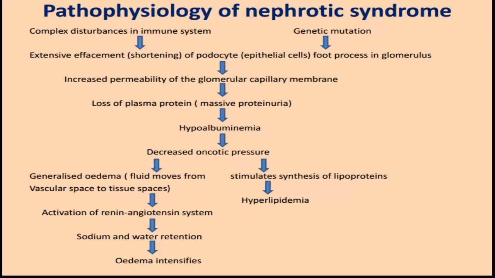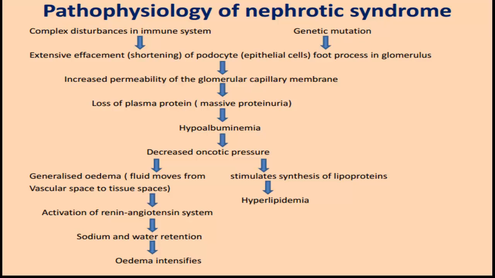As a result, there is loss of plasma protein and massive proteinuria, hypoalbuminemia, and subsequently decreased oncotic pressure. This leads to generalized edema, and fluid moves from vascular space to tissue spaces. Low oncotic pressure also stimulates synthesis of lipoproteins and subsequently hyperlipidemia.